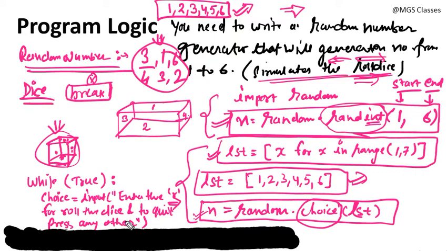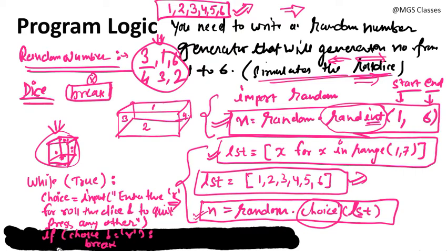Now what I do: press any choice. If the choice is not equal to R, then we will break this loop so that the loop terminates and your program stops.